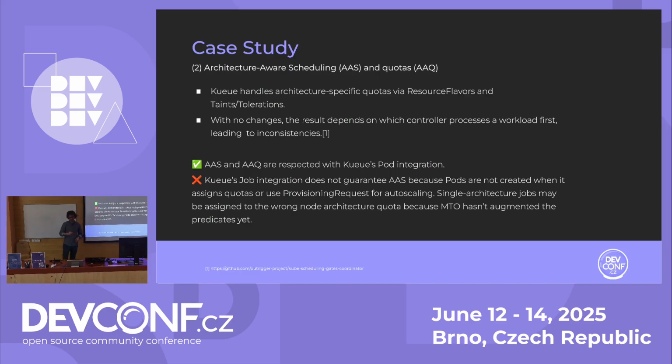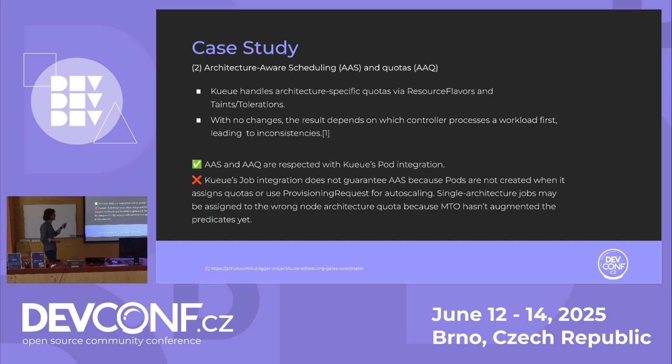By doing some changes and ensuring ordering in how scheduling gates are consumed, you can achieve both the features, though. Still, as I said, Queue can work with higher level objects, and the Queue's job integration is still a problem.